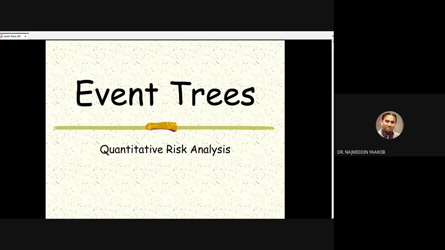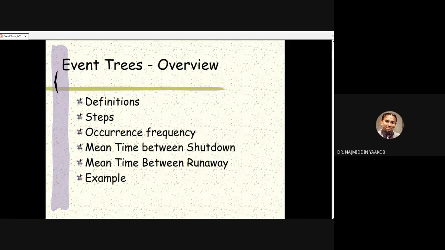Okay, so for this additional slides topic, I'll be explaining the parts for the quantitative methods, which is to quantify the event tree or to quantify the risk analysis. I'll be quick on the overview because I've given how to construct the event tree on the previous slide.